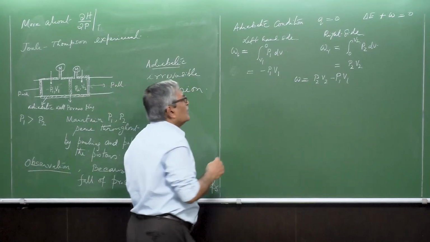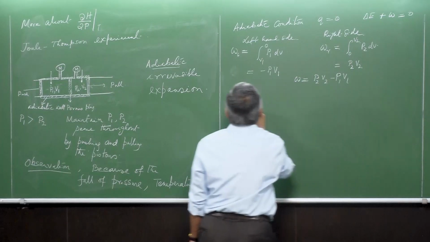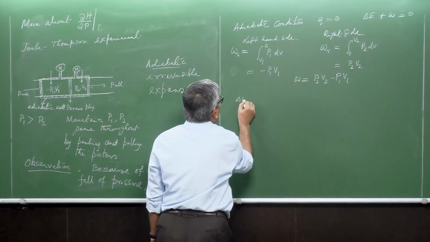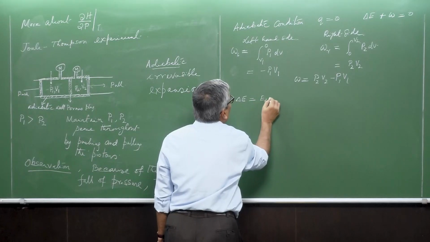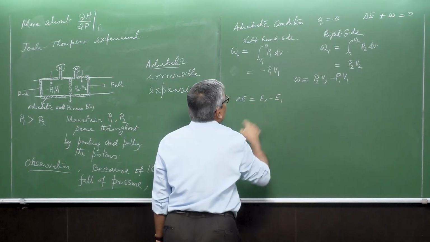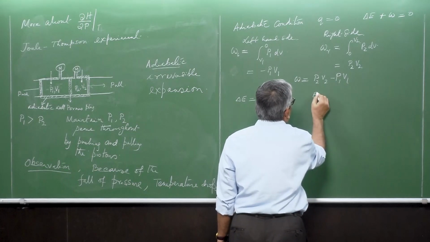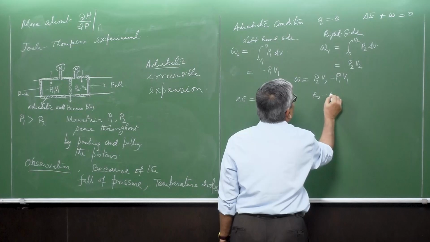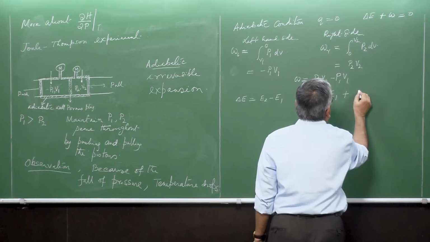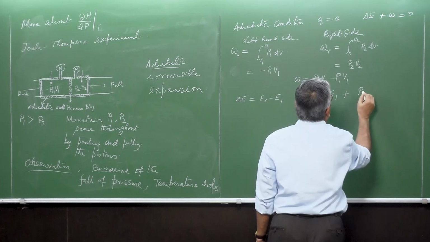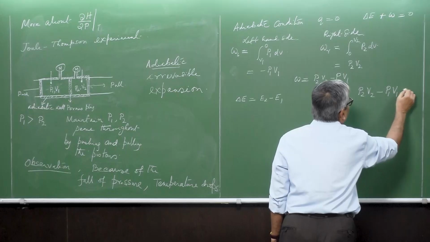So now delta E is equal to E2 minus E1, the change in internal energy for the two states, and so you have E2 minus E1 plus W, P2 V2 minus P1 V1, that is equal to 0.